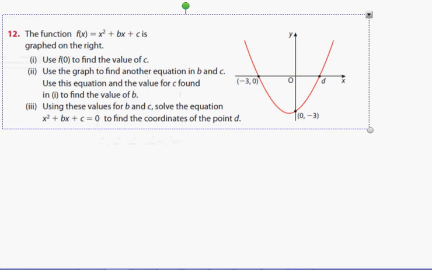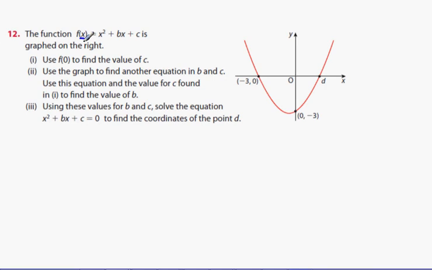Alright, first one. The function f of x equals x squared plus bx plus c is graphed to the right. Use f of 0 to find the value of c. Well, you can see that x changes to 0. Now, where is x equal to 0? When x is equal to 0, when the input is 0, the output is minus 3.